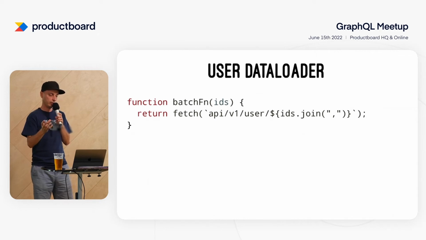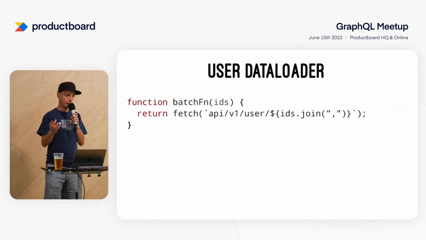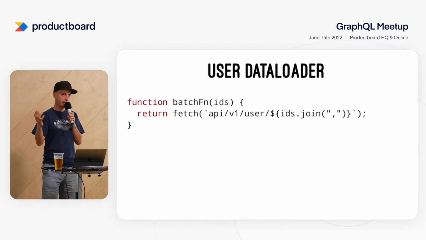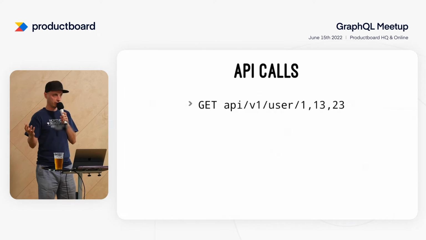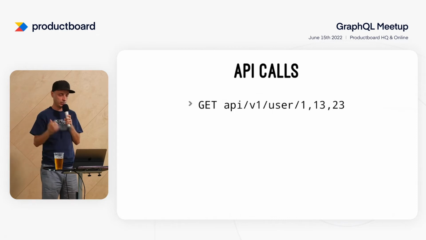You can just join these IDs, call it once, and if your API returns the data, you can just return it, if you fulfill the requirements of the batch function, and that would be it. So you would get just a single request, which is something like, wow, because previously we had multiple and repeated requests, and now we squeezed all these calls into a single one because our backend supports a batch detail API.